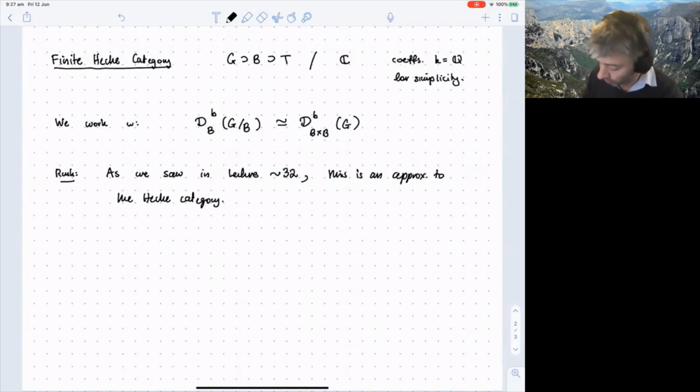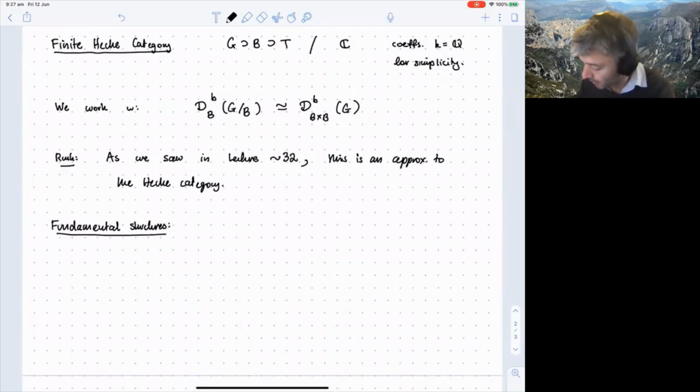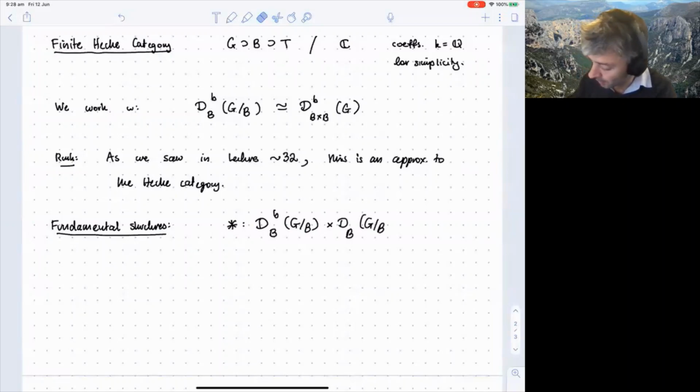And the fundamental structures that we'll be using the whole time is we have the convolution. I won't go over the definition of this convolution again. Maybe I'll stop writing; I'll simplify my life by not writing B's.